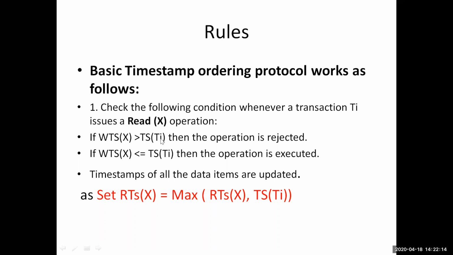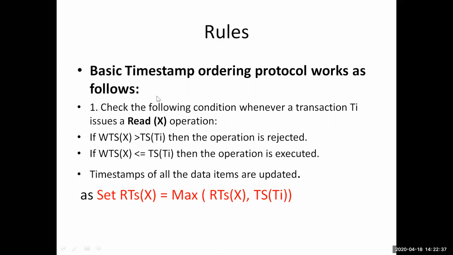If it is true, then the operation is rejected. That means the operation is rolled back. If it is false, then the operation is executed with the read timestamp of X set to the maximum of read timestamp of X, comma, TS of Ti. This will be clear when we solve the problem.